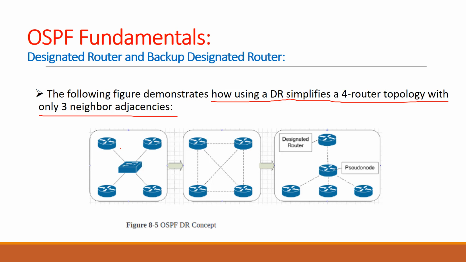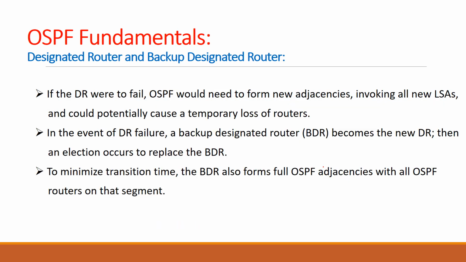But with DR election, we will have only 3 adjacencies. If the DR were to fail, OSPF would need to form new adjacencies, invoking all new link state advertisements, and could potentially cause a temporary loss of routes.